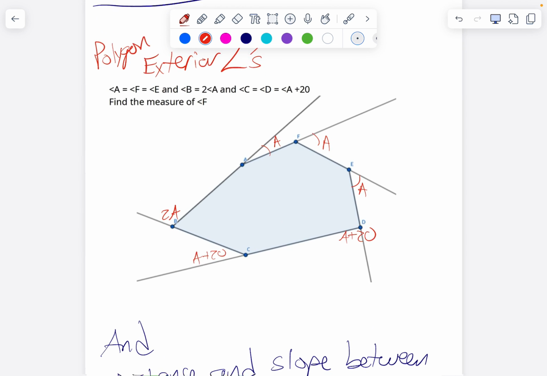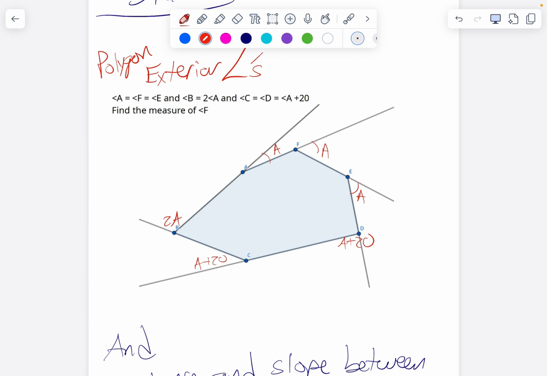What kind of relationship do we use for solving for A? No, we just wrote the word exterior on here, right? Did I say interior? You did, yeah. Oh, I meant exterior. Okay, but it's not each, because is it a regular polygon?